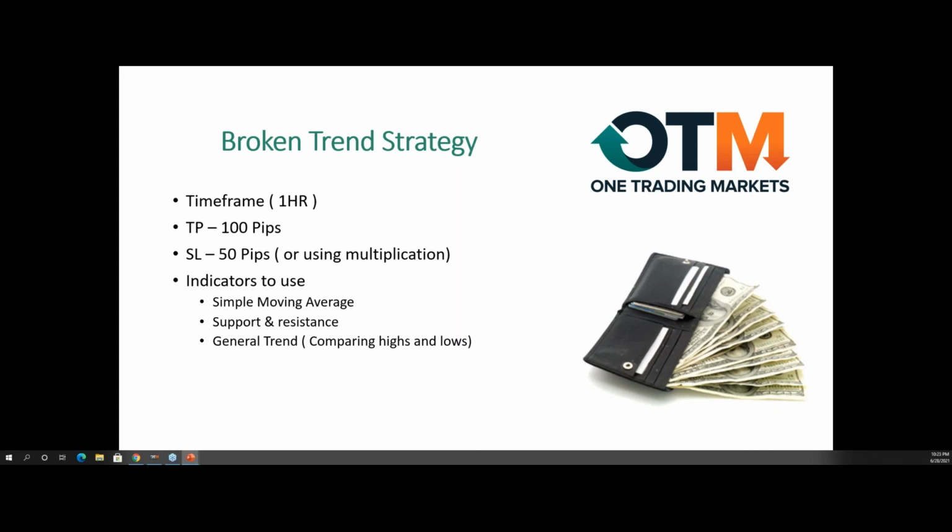And the general trend, it's also explained well in the previous video, which is comparing the highs and the lows. As mentioned earlier in the previous webinars, the uptrend is a series of higher highs and higher lows, and the downtrend is a series of lower lows and lower highs.